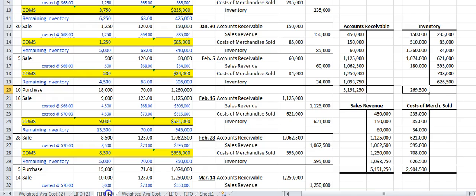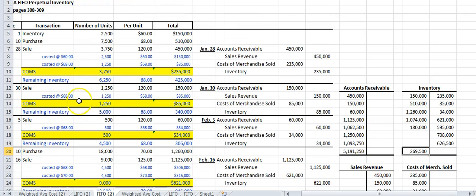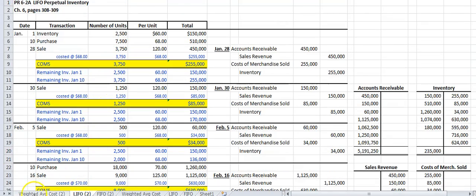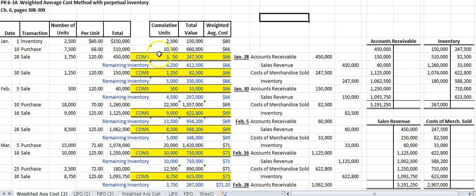With FIFO, I ended up with something like this, and I showed you how I slowly built this and got my entries. LIFO was very similar, but for weighted average, I'm going to do it slightly differently. There's no scientific method to what I'm doing here.